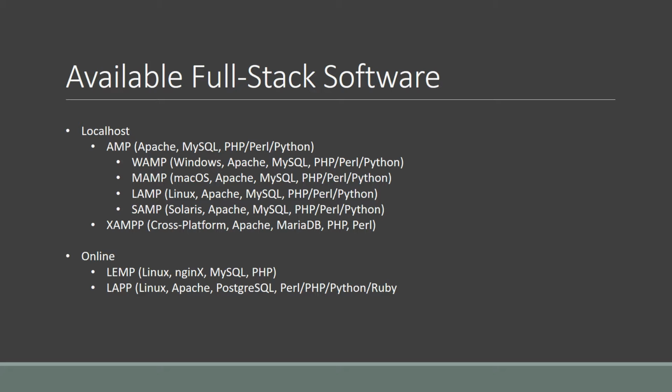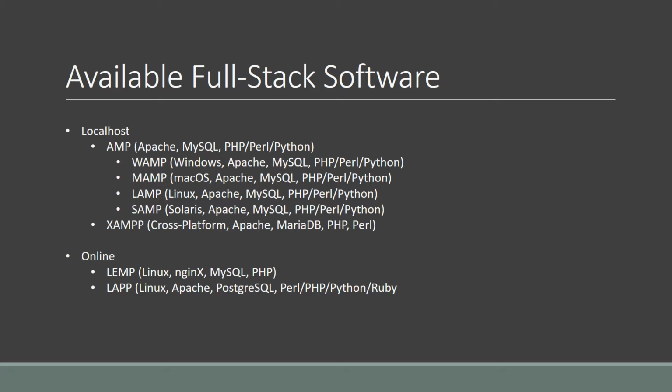So on localhost, we have WAMP, MAMP, LAMP, and SAMP. Basically, these are like the same AMP, just designed or built for specific operating systems. WAMP, for example, is for Windows, it only runs on Windows, and it has all the other modules, which is Apache, MySQL, PHP, Perl, Python, and so do the other ones.